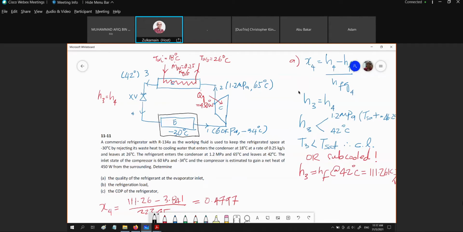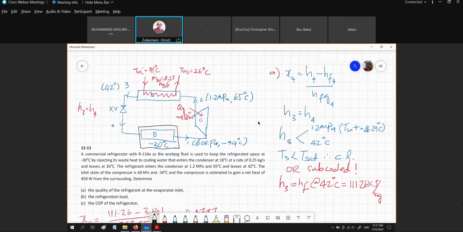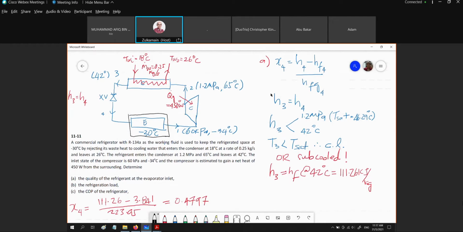So we have looked right here. We have found that X4 is obtained by using the formula H4 minus HF4 divided by HFG4, and to obtain the value of H4, which is equal to H3, and H3 in this case is subcooled condition, because T3 is less than T sat at the pressure of 1.2 megapascal, which is the pressure of the condenser.